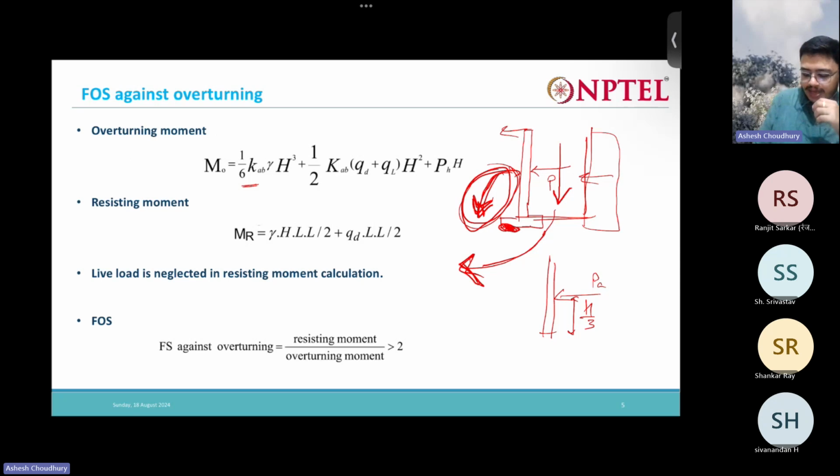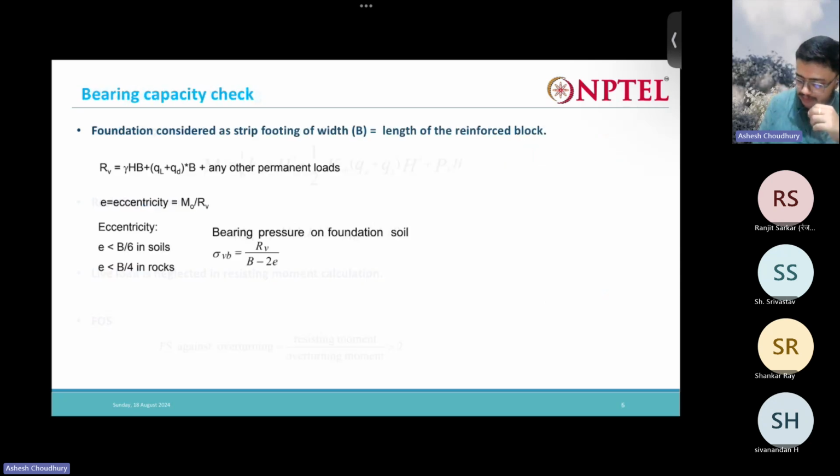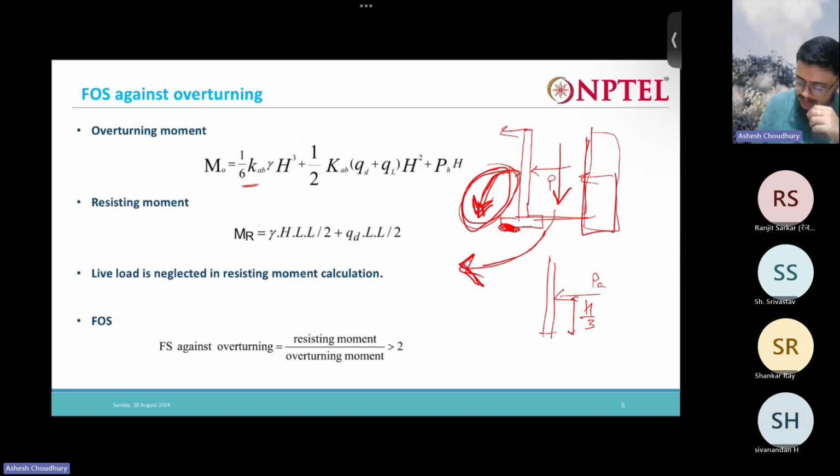Then we have this rectangular variation, acting at h by 2. So h by 2 times Kab gamma (qd plus ql) into h, so half Kab (qd plus ql) into h square.